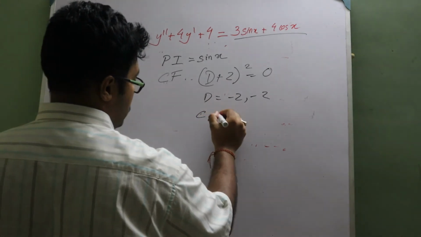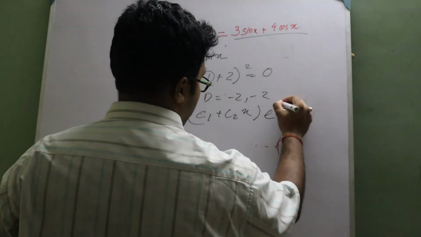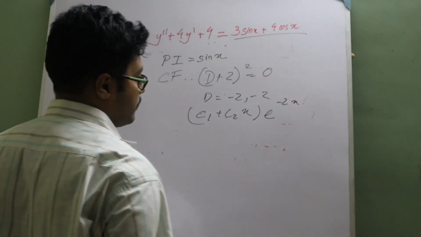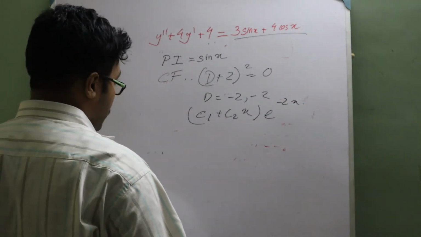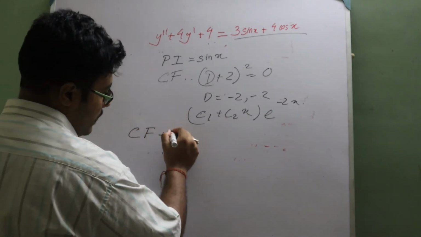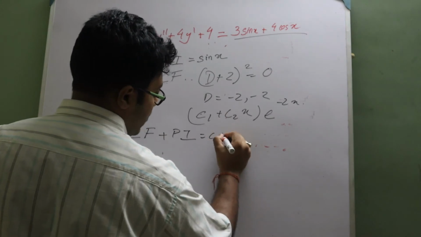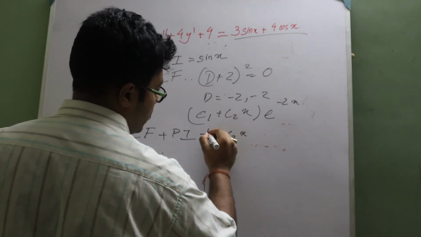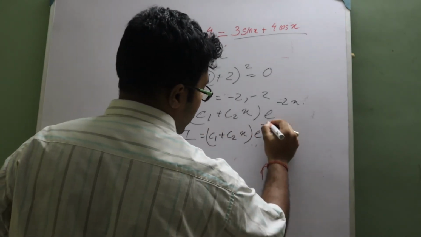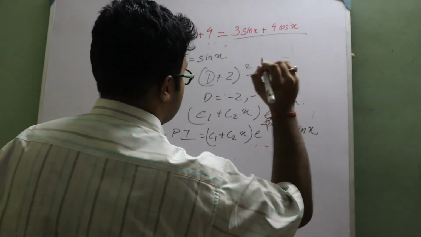The CF will be (C1 plus C2 x) e to the power minus 2x. So the total solution of the equation will be CF plus PI, which is equal to (C1 plus C2 x) e to the power minus 2x plus sin x.